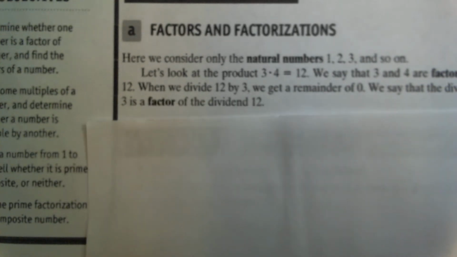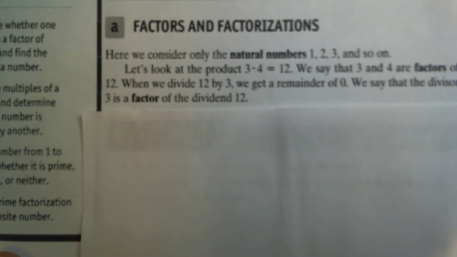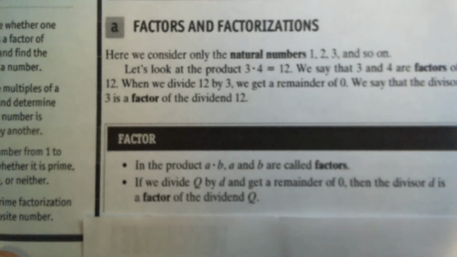So we say the divisor 3 is a factor of the dividend 12. So this will become more important later on, but right now that is all we were going to talk about here. And so here is how we determine if a number is a factor.